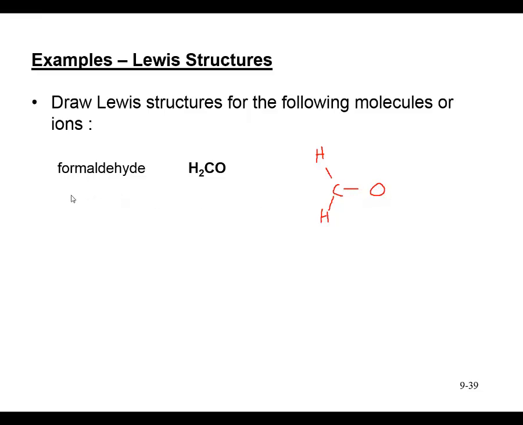Let's count up my number of valence electrons. So I have 2 hydrogens in my structure, I have 1 carbon atom, and I have 1 oxygen atom. Since I have 1 valence electron in each hydrogen, but there's 2 of them, I have a total of 2 valence electrons from the hydrogens.